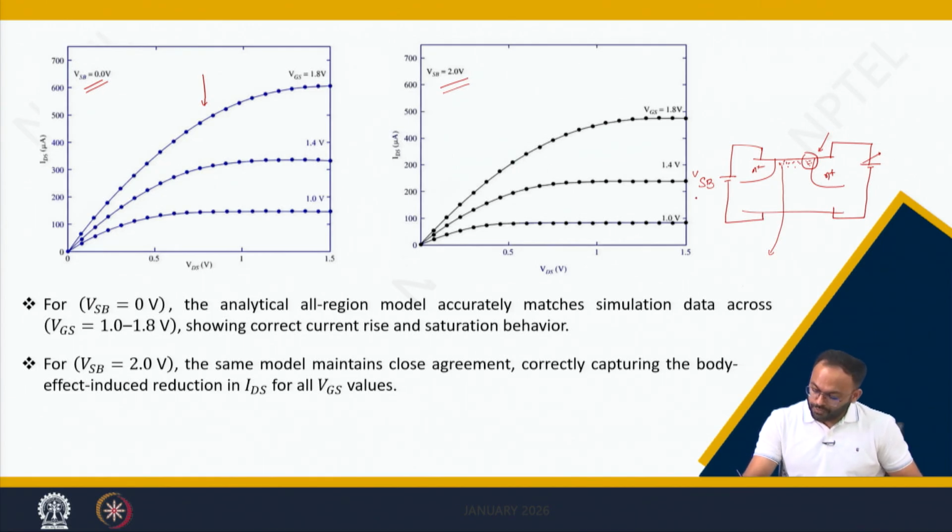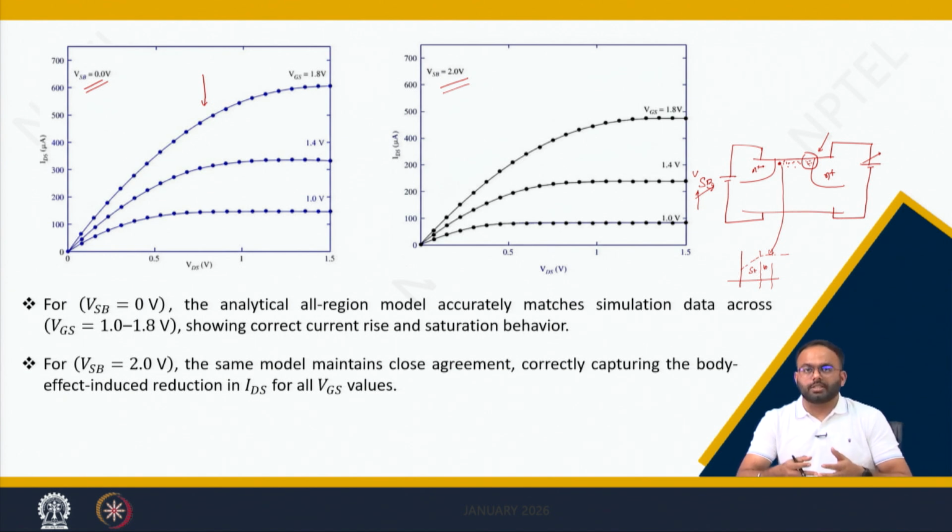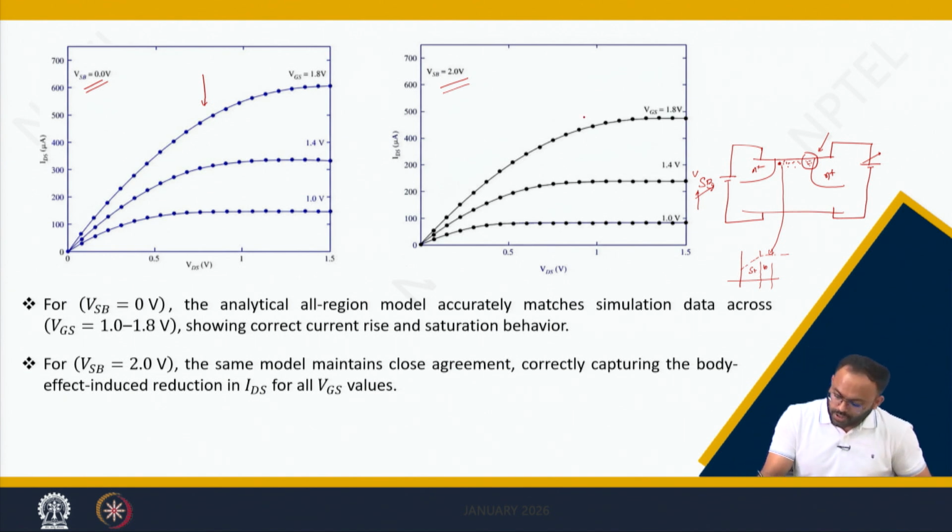But what will happen if you increase VSB? The same operation happens here at the source channel junction, where the increase in VSB increases the surface potential like this, and maybe you are entering from strong inversion to moderate inversion. If you are going from strong inversion to moderate inversion, the amount of charge in the channel will be less, and that is what you are seeing, the amount of current is degraded.